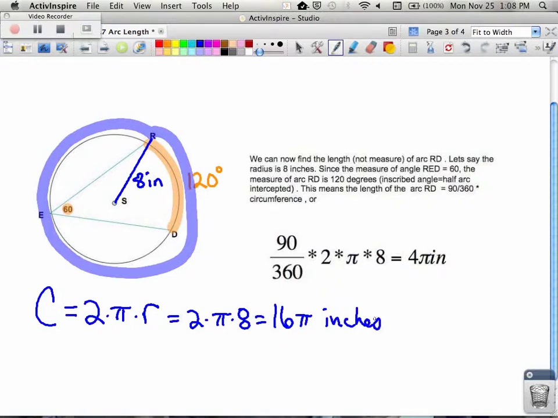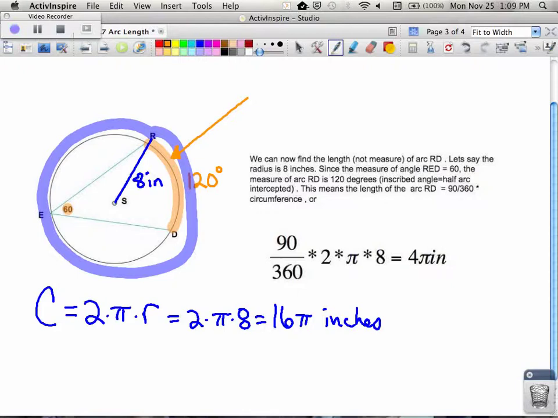But if I don't care about just the circumference, and really what I'm interested in is just this orange arc part of the whole circle, obviously that measurement is smaller than 16 times pi inches, which is somewhere around 50 inches. So I would take that circumference and multiply by the part of the circle that I would have.